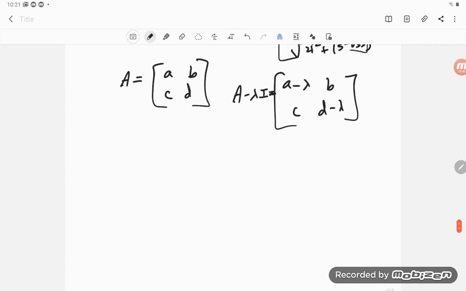When we take that determinant of A minus lambda I, you get lambda squared, and then you get a minus lambda times a plus d.